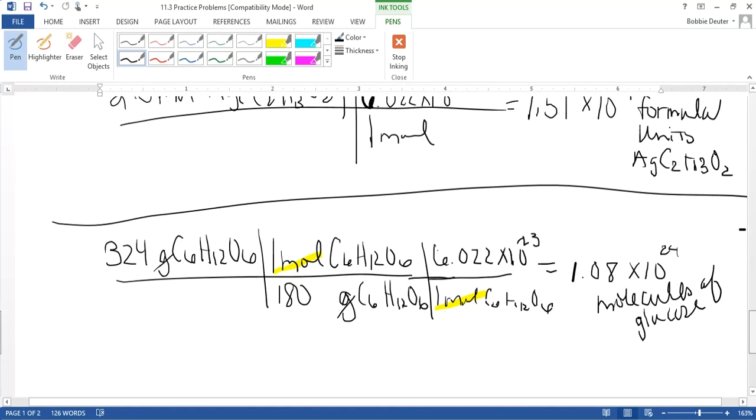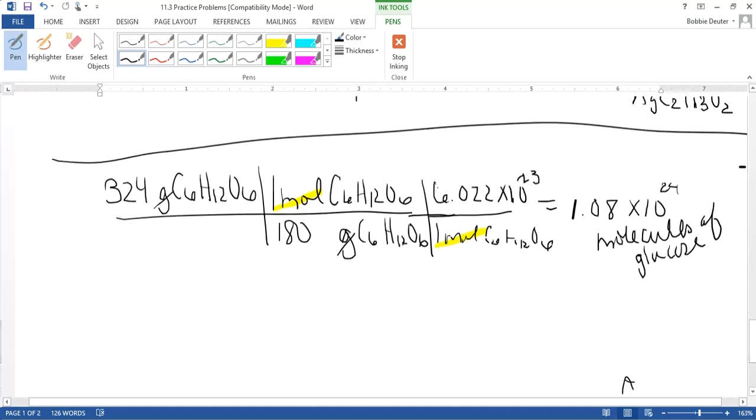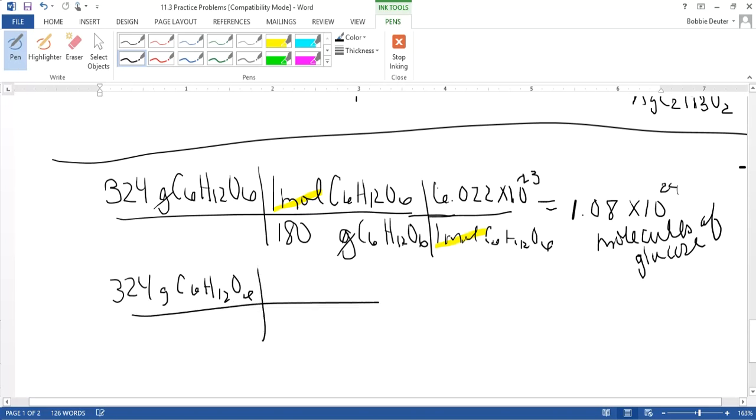So now let's go to moles of glucose. Okay, so we are going to start again with our 324 grams of glucose. And we are going to look at the molar mass of glucose. Well, that's 180 grams. Now, up top, we know this is going to be 1 mole.